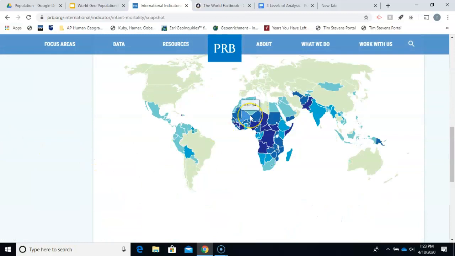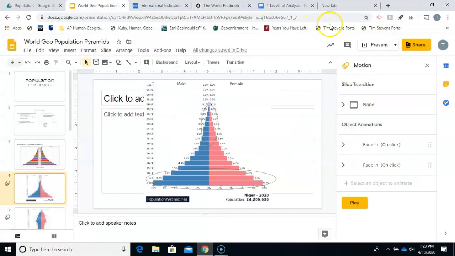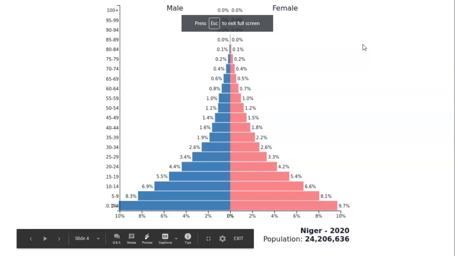Coming back here to Niger, Niger has 47 infants, so children under 1, that die out of 1,000 before they reach the age of 1. So that's not as high as some of their neighbors, but that's still a very high infant mortality rate. And so the reason you have a high fertility rate is because a lot of babies are dying before they reach the age of 1, and therefore women have more children, which in turn leads to greater numbers in our population pyramid like we see here.